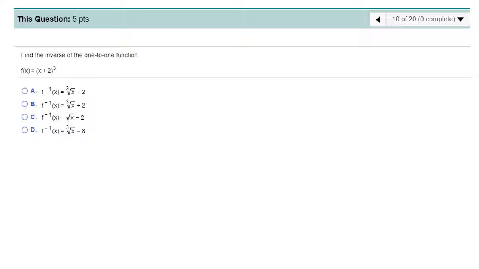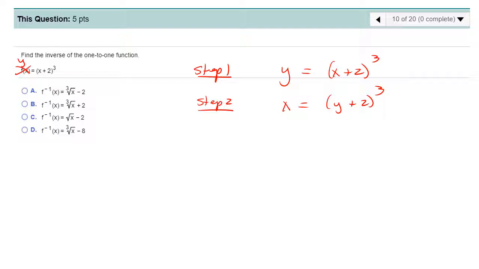For question 10, we have to find the inverse. Again, if you work this out on some scratch paper, step 1 is simply to rewrite the problem using the letter y instead of that f of x notation. Step 2 is just to reverse the x and the y in the problem. This one happens to be very similar to my previous example, so I would take the cube root on both sides.